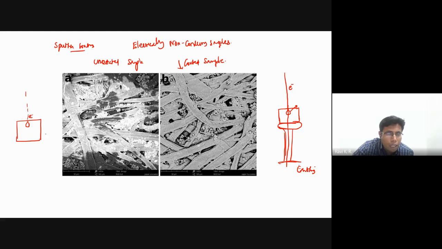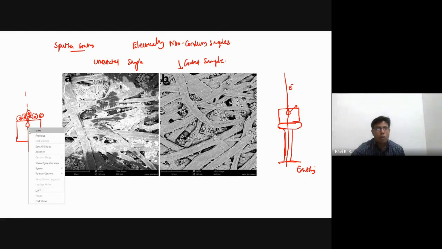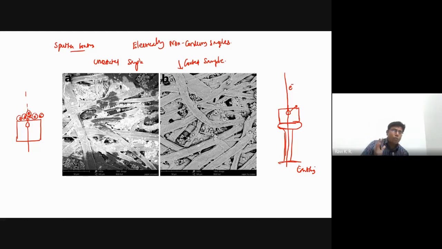The remaining electrons cannot go out, so a lot of electron cloud will be generated on the sample surface, because you are not completing the path. It cannot go through this path, because this sample is not conducting. Because it is not conducting, all the charged electrons will be accumulated on the surface of the sample.